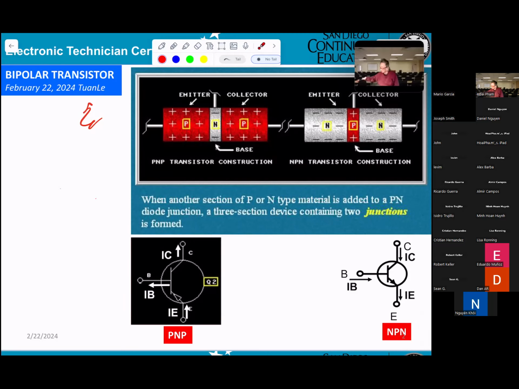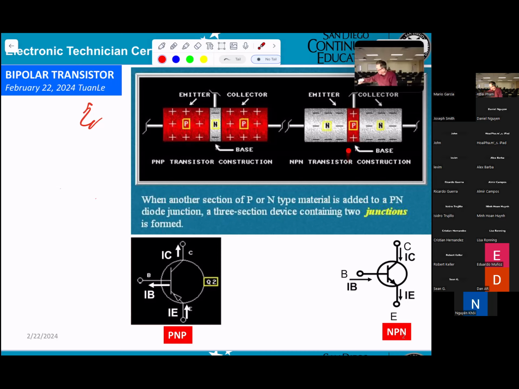Now, this is the basis for the physical structure. First thing, we're talking about NPN. That means you get an N side, and then a P side, so that's why you get the NPN.